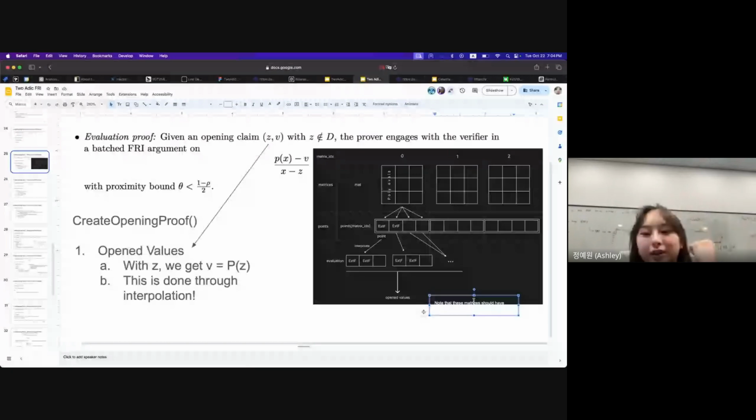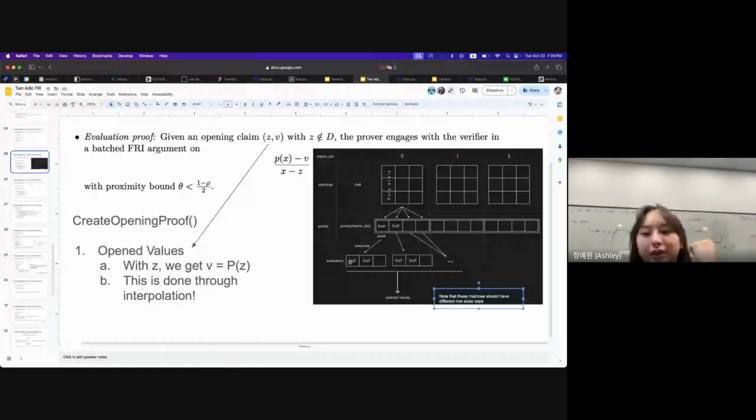And we have given points that we want to evaluate these polynomials on. We use interpolation with our evaluations and our given point, and we create our open value final evaluations. That final evaluation would be a vector of extension fields because it's more than one polynomial.